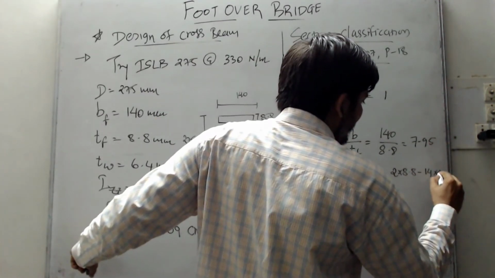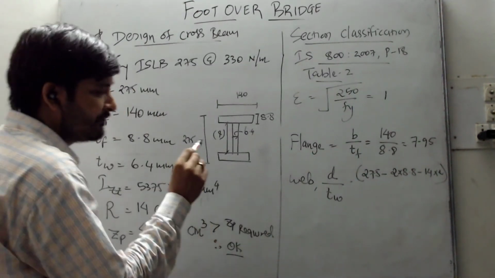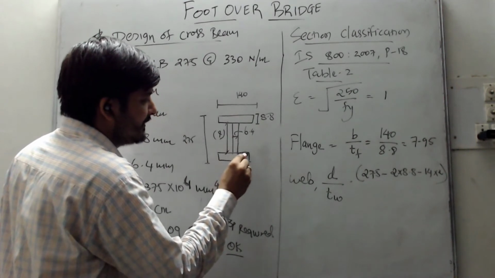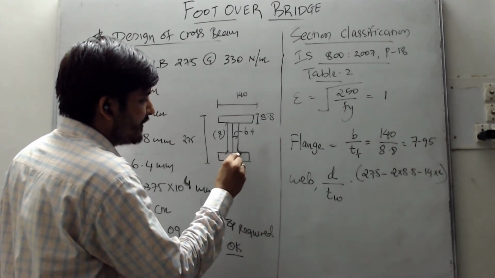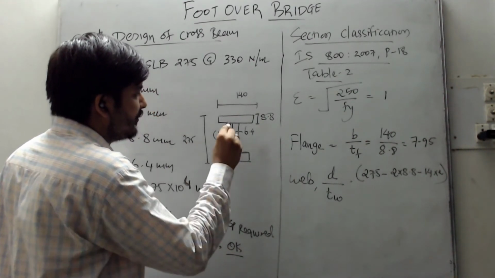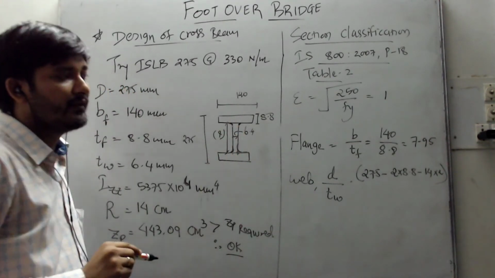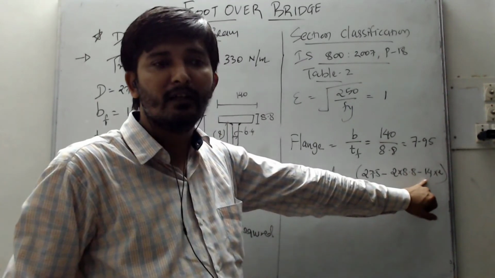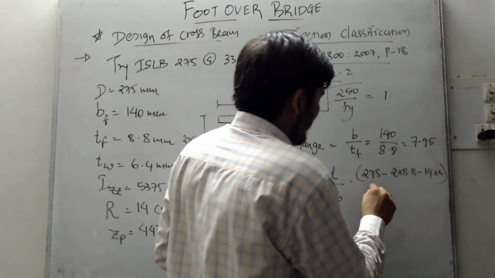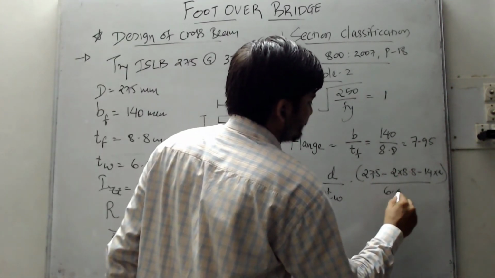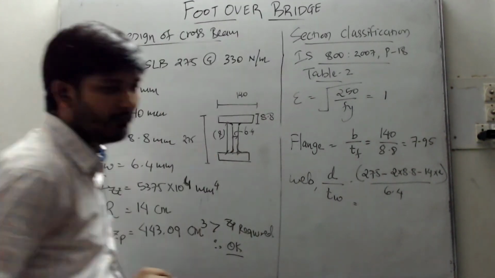Because in practice this angle is not 90 degrees. There is some curvature provided at both the ends, at top and bottom, so we are considering that part also here. So please take care of that. Divide by TW, thickness of web is 6.4. So we get our answer as 35.84.